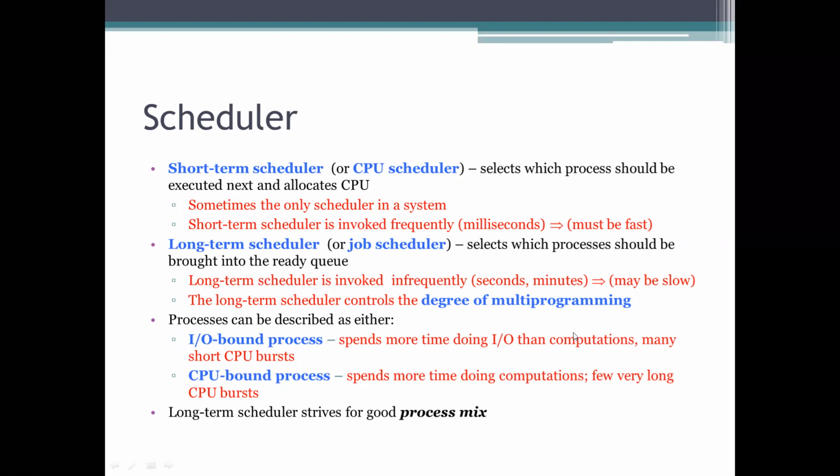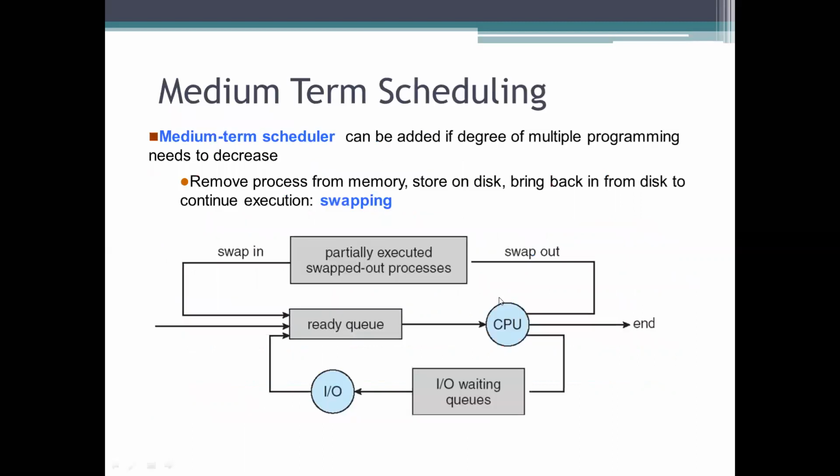If most of the processes are IO bound, all the processes will wait in the waiting state, and if most of the processes are CPU bound, then all the processes are busy performing operations with the help of the CPU. So you can see what happened here. If most of the processes are IO bound, they will spend maximum time in the waiting state.